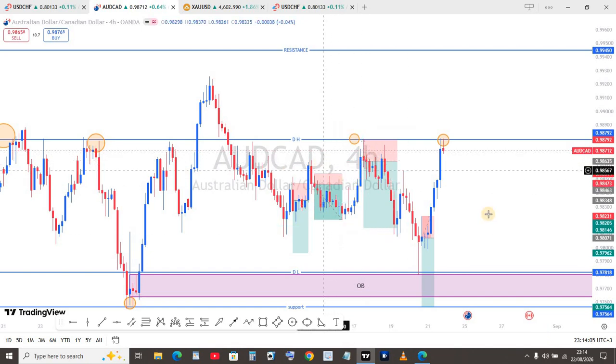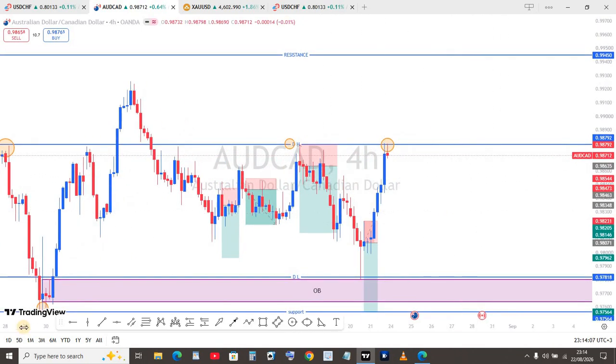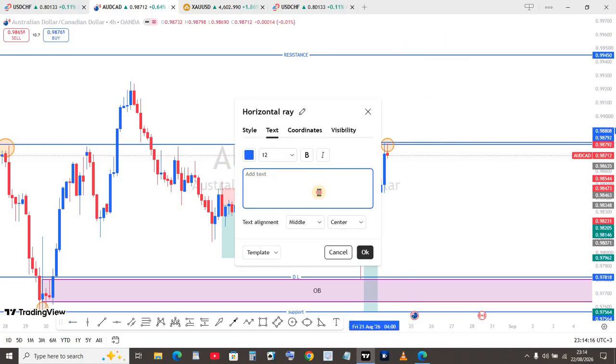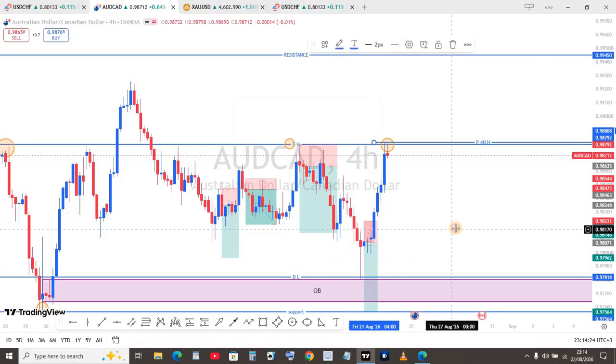So let us mark normally points like for our high. So this will be my previous 4 hour high. Let me name it previous 4 hour high, and you also have a previous 4 hour low.